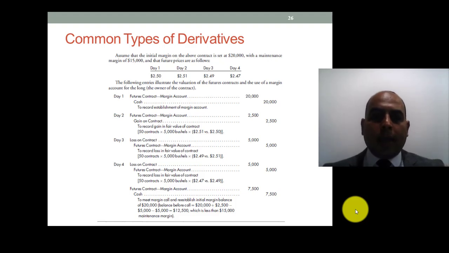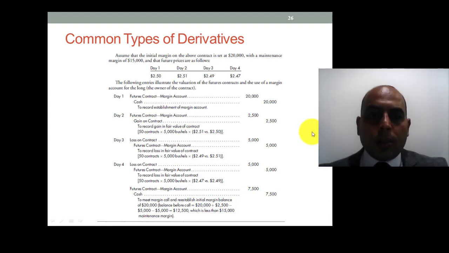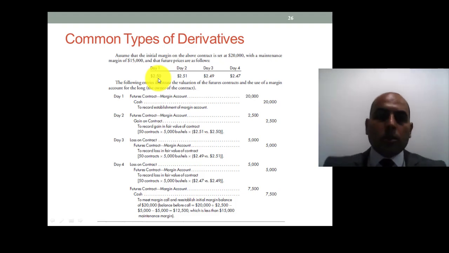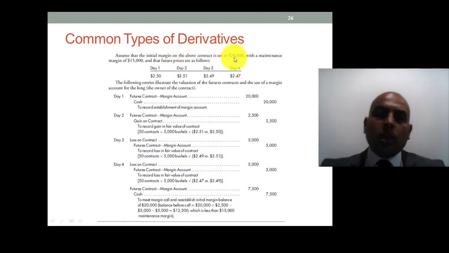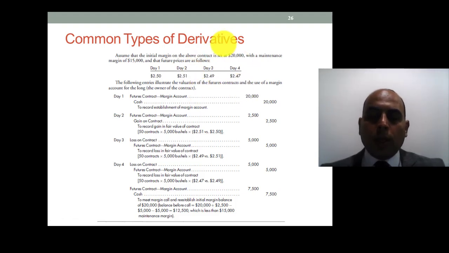One agreed to buy this corn at 2.5, and someone else agreed to sell it at this price. But to guarantee the execution of this agreement, the buyer, or the holder of the agreement, pays an initial margin of 20,000.